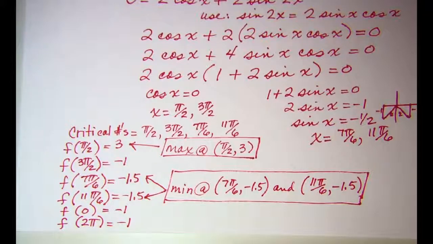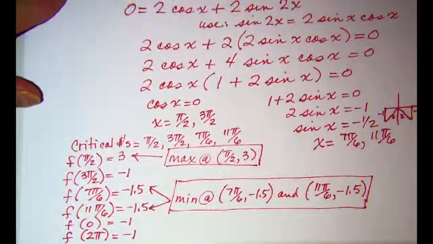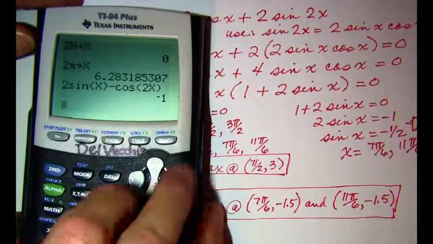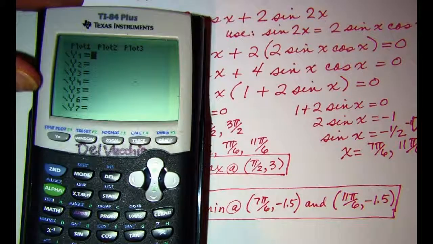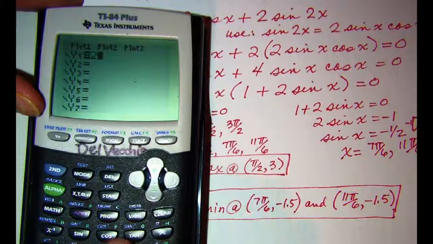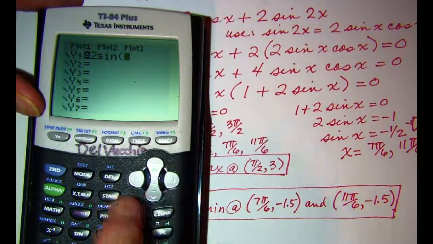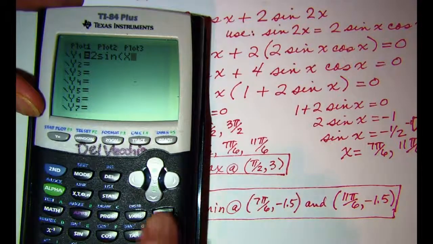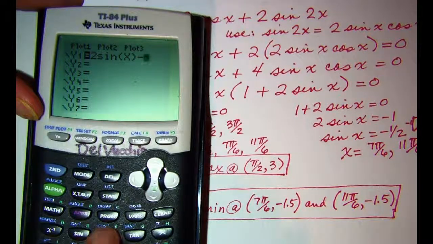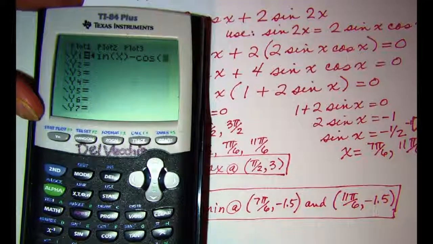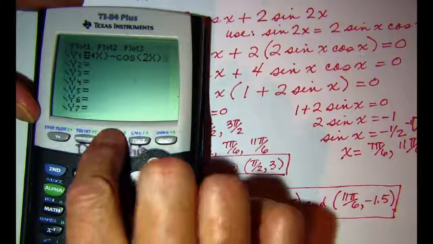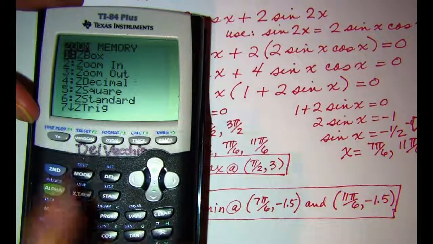This would be an interesting function to look at. I think I'd like to see what that looks like. 2 sine x minus cosine 2x. And we need a zoom trig, so number 7 there.